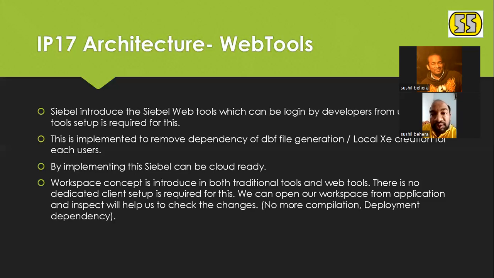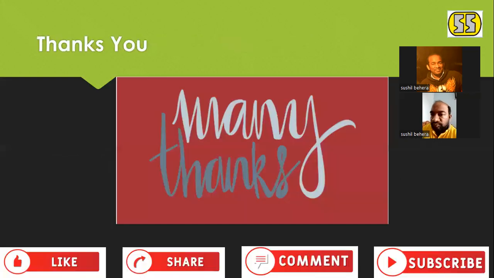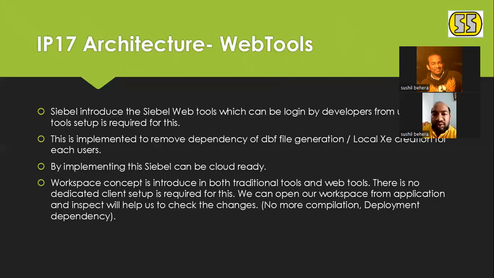We can instantly check our changes inside the application by opening the workspace. These are the changes at a developer level that benefit us. So this is all about the IP17 changes.